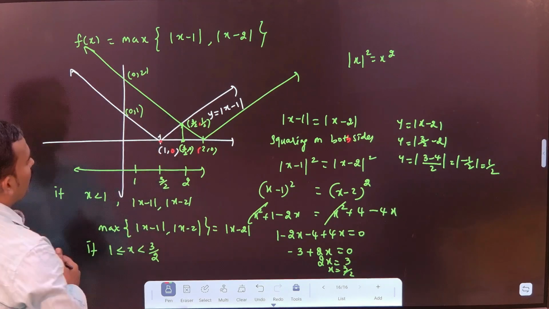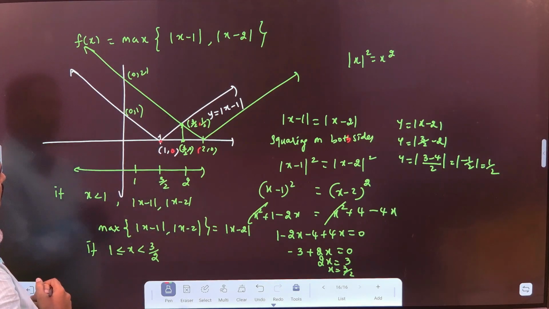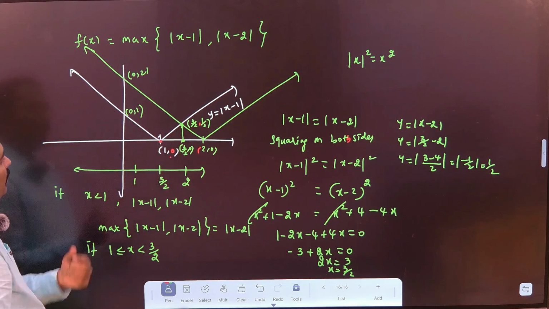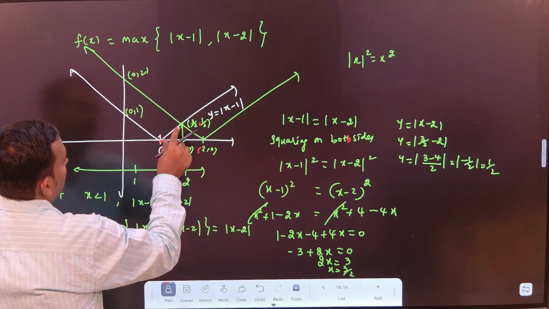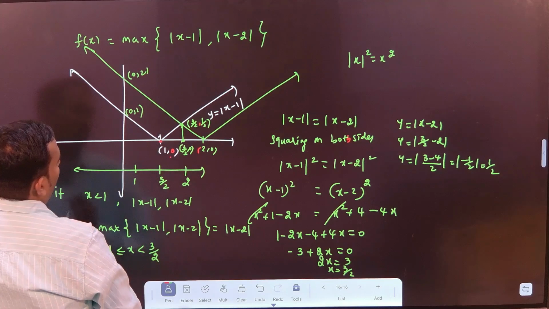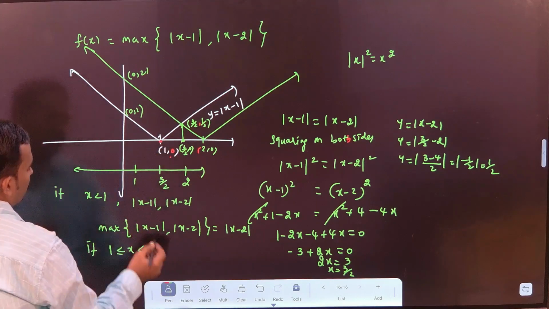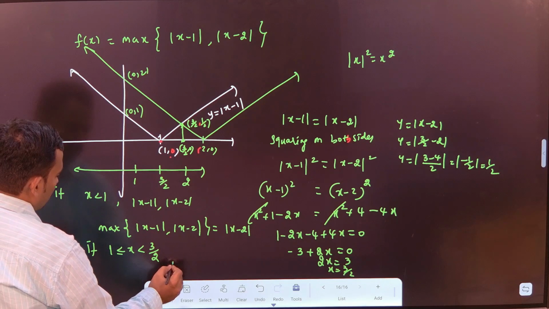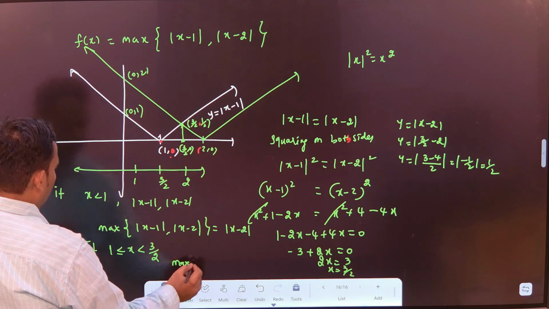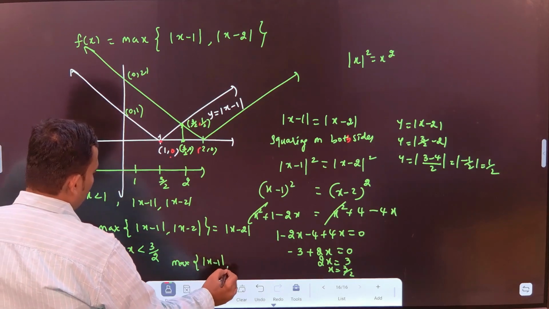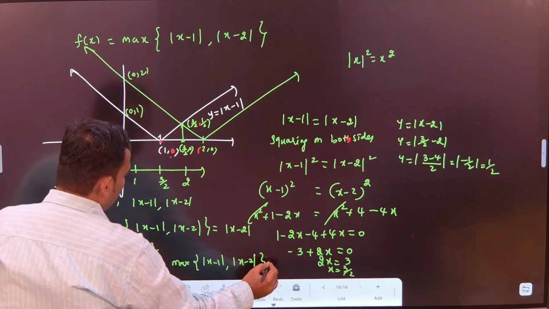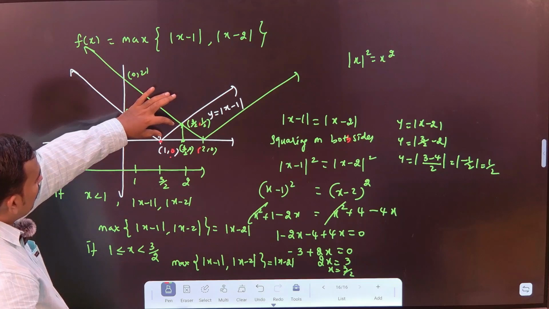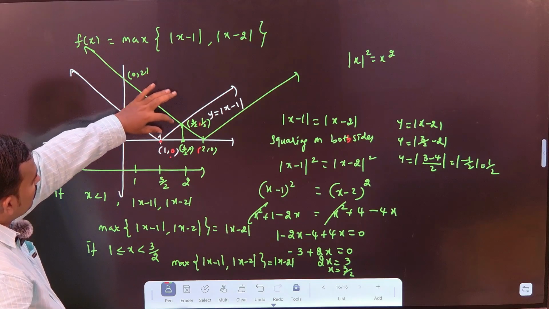Again, this is mod x minus 2 only, right? In this interval, this is the lower graph. So mod x minus 2 is the maximum. The maximum of mod x minus 1 and mod x minus 2 will be mod x minus 2. You can see the graph. I am checking these two graphs.